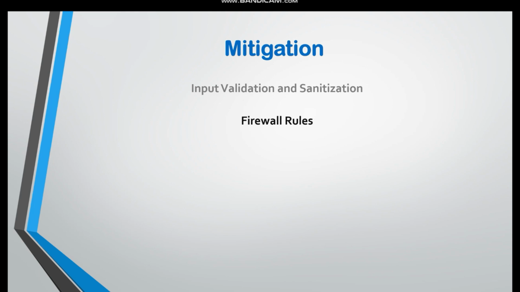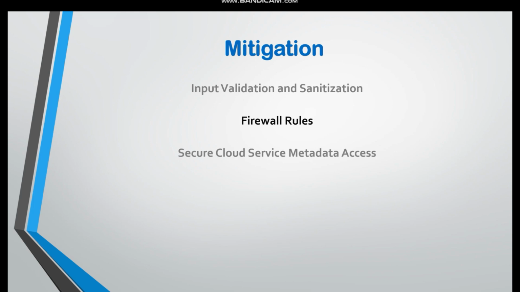The second is firewall rules. Firewall rules should be strictly followed. If the firewall rules are very strictly placed, this will help in reducing the risk of bypassing the firewall.